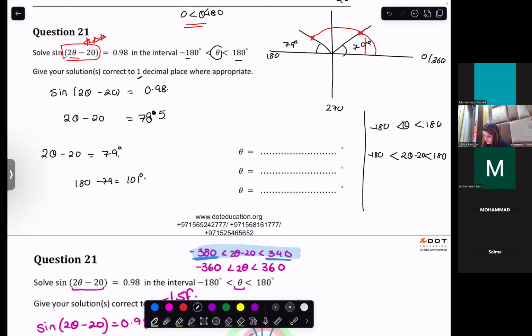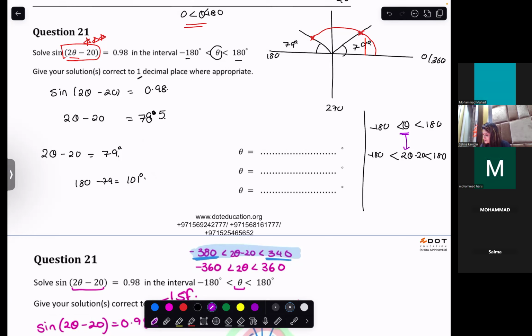So what will I do? First, I will multiply both sides by 2. From theta, I want to convert this into 2 theta minus 20.